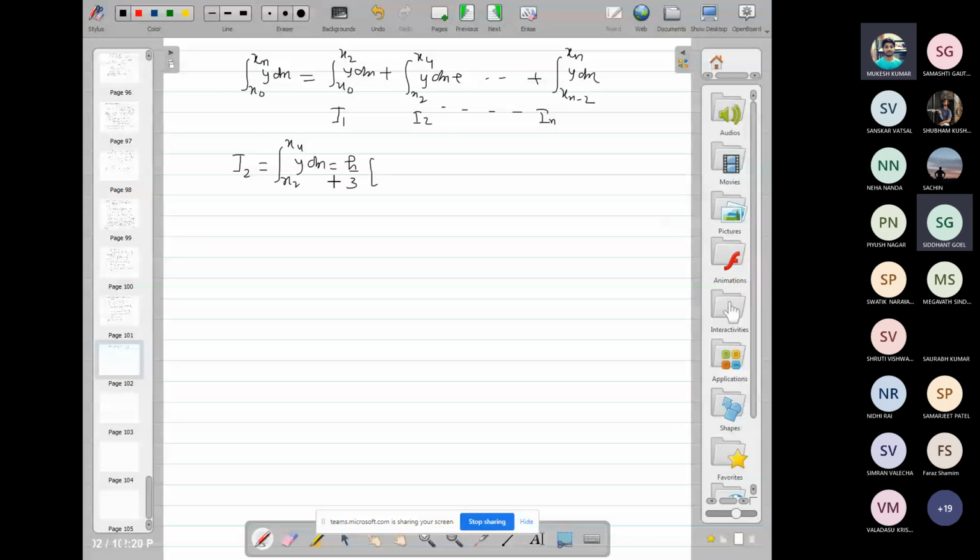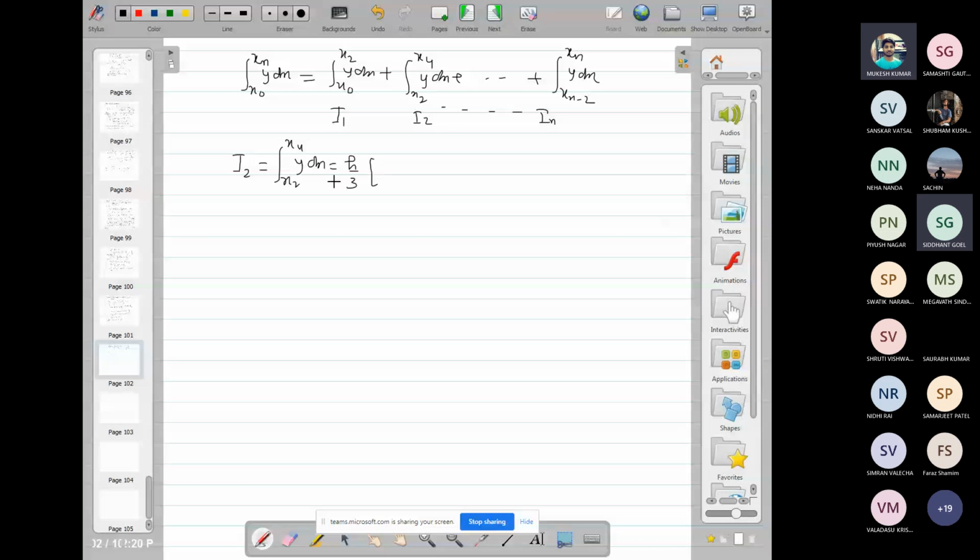And similarly we have In equal to the integral from xn minus 2 to xn of y dx, which is h by 3 times yn minus 2 plus 4yn minus 1 plus yn.